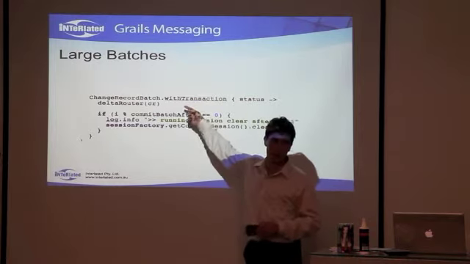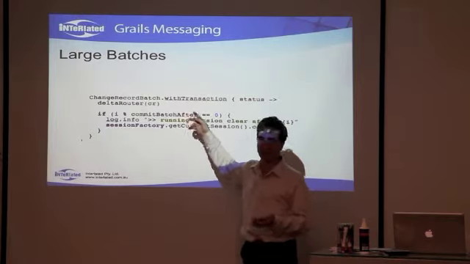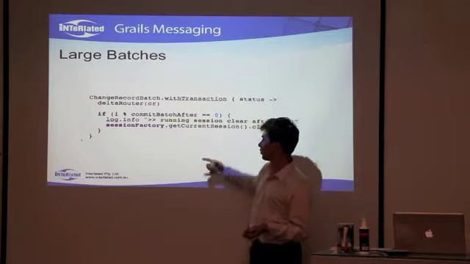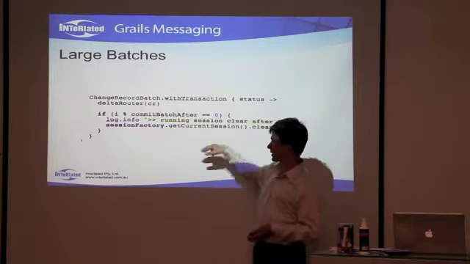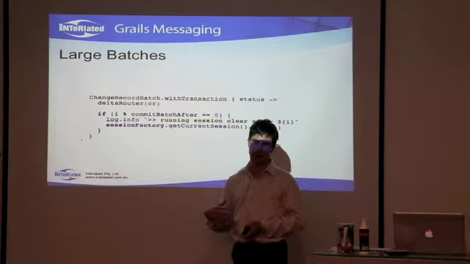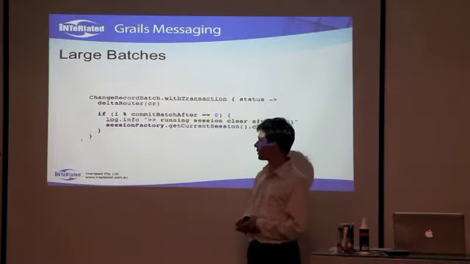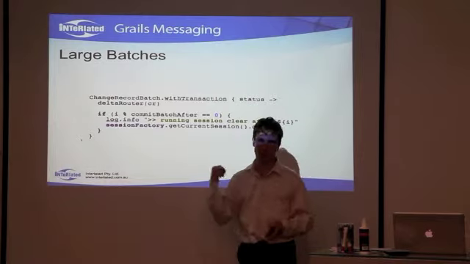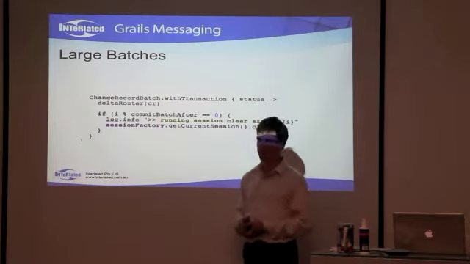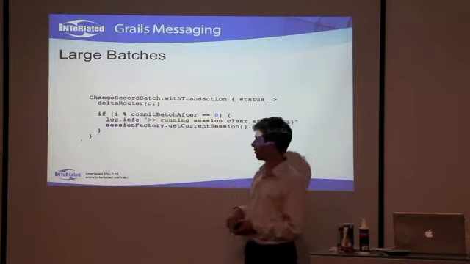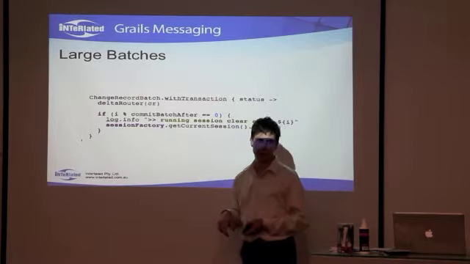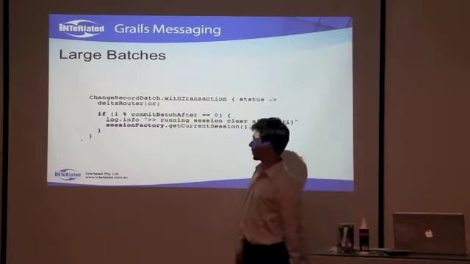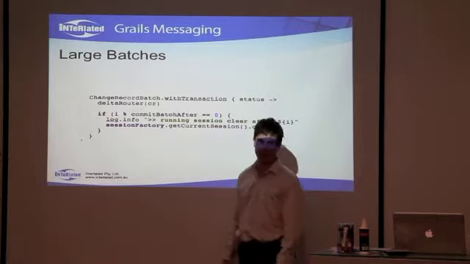I sent 200 megabytes of this stuff over ActiveMQ. It worked fine, except Grails got to the end of it and saw 200 megabytes of messages. Again, back to my grid computer, I paid for 500 megabytes of RAM or something, so it runs out of memory.